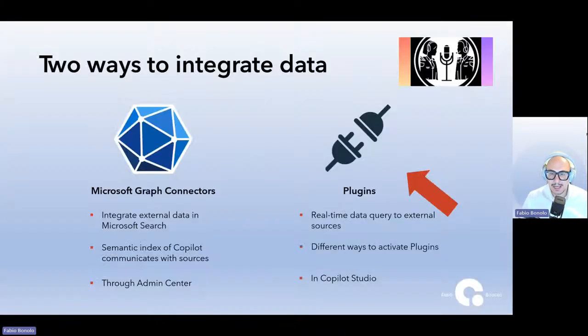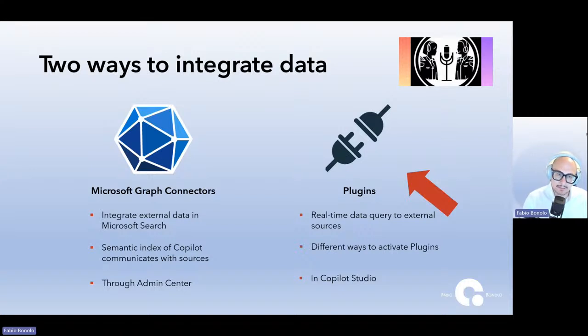Good. Now, with Microsoft, you have two ways to integrate your data in Copilot Studio. So I told you that the main advantage is that you can integrate external data. And for that, we are concentrating on the extensibility of the M365 Copilot. So I'm not talking about building my own Copilot.